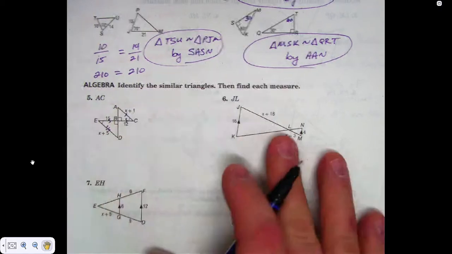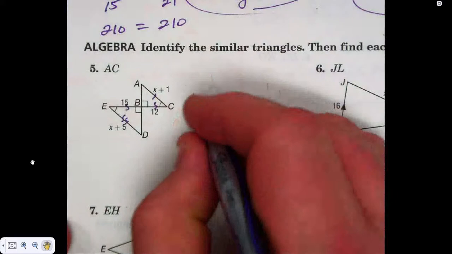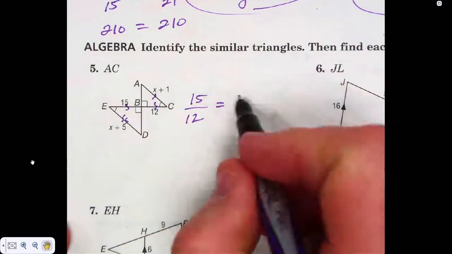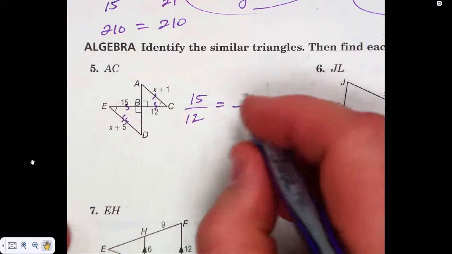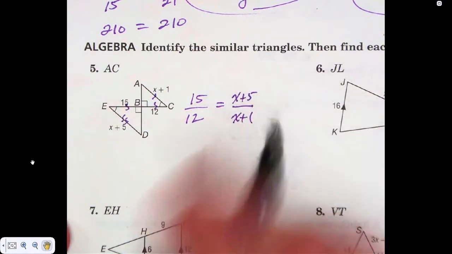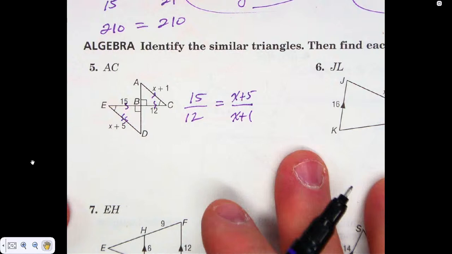So what proportion is going to be made here? We could go 15 over 12 is equal to what? Now, if I put 15 on top, what has to be on top on the other one? Over x plus 1. Don't get lazy on me, people.